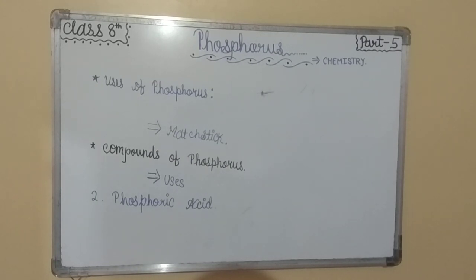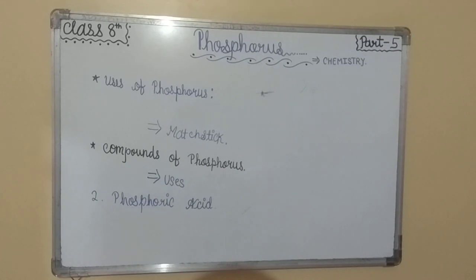First, it is manufactured by the action of concentrated sulfuric acid on calcium phosphate: Ca3(PO4)2 plus 3H2SO4 gives 3CaSO4 plus 2H3PO4. The calcium sulfate is insoluble and is filtered off. The solution is evaporated at 140 degrees Celsius to get crystals of phosphoric acid.